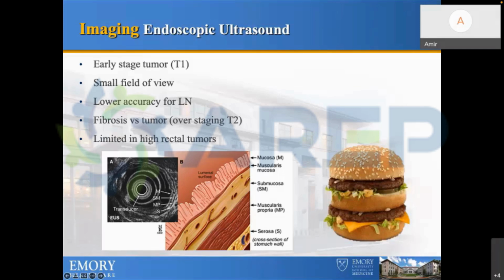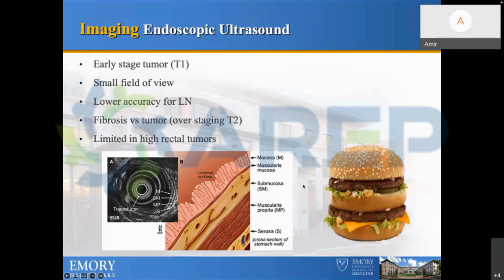So this is a mucosal layer. This dark band is the muscularis mucosa layer, a kind of muscle underneath the mucosal layer. And then the third layer is submucosa, which is again white. And then you have the muscularis propria layer, which is very important in our identification of the treated margin. And then we have a serosal layer.